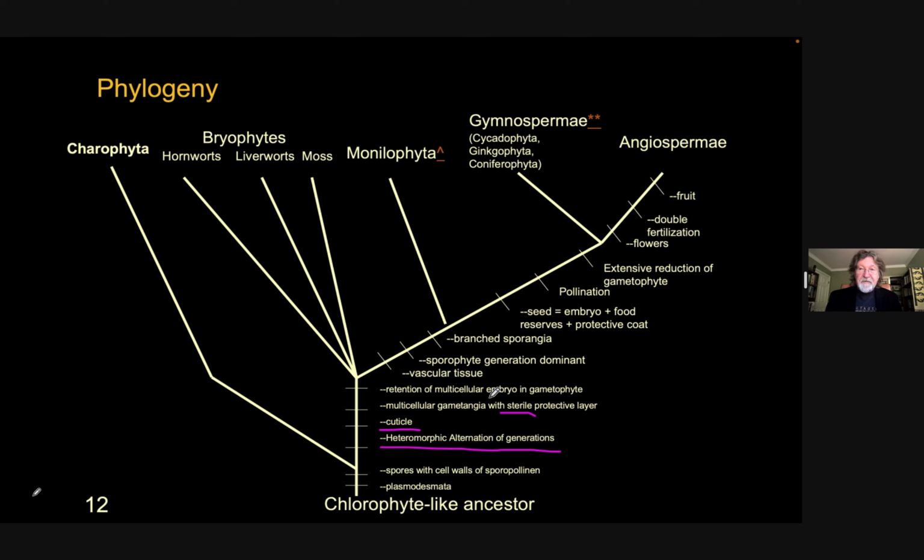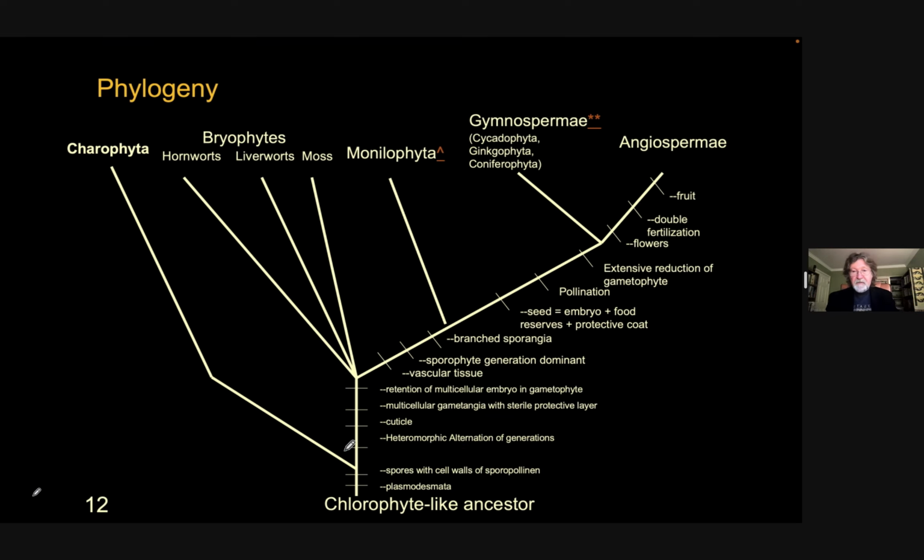Once we have fertilization, and it takes place in an archegonium, always in an archegonium, egg and sperm come together to form the zygote, and the zygote will divide by mitosis and becomes an embryo, but that embryo is a sporophyte. The embryo is a sporophyte, but it is retained in the gametophyte for some time, and it's dependent on nutrition from the gametophyte, and this is an apomorphy as well. Okay, so these are the apomorphies for Plantae, all right?